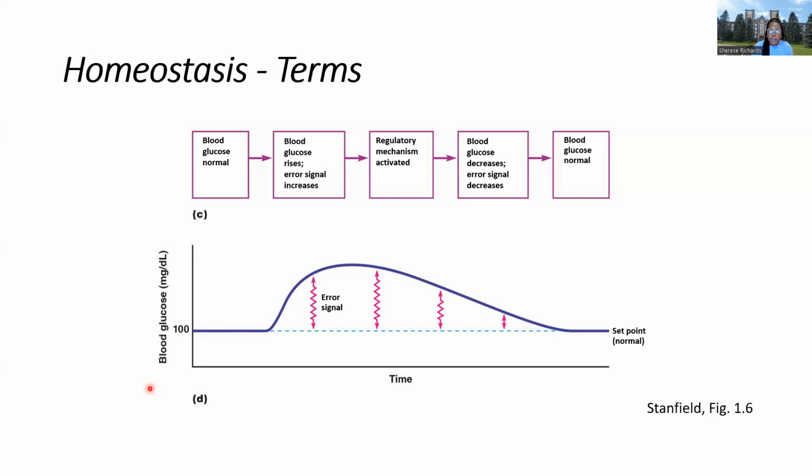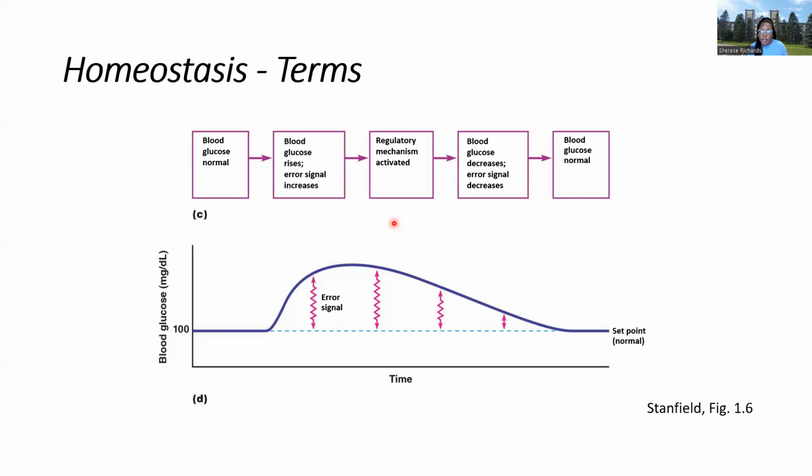So here we see that if that rises, okay, let's say you had a really large meal, and so your blood glucose rises, that is going to trigger an error signal. The regulatory mechanisms to correct that change are going to be initiated. And for our physiology, that's going to be our insulin levels rising.